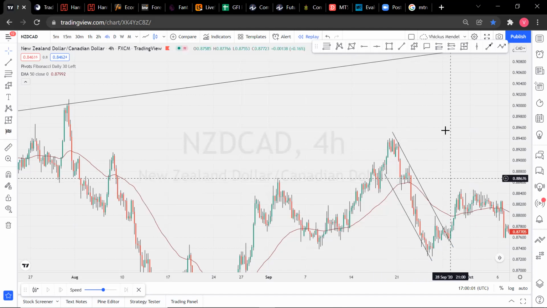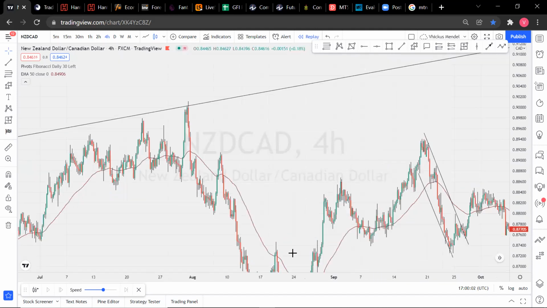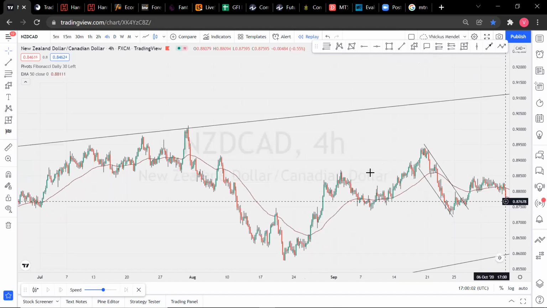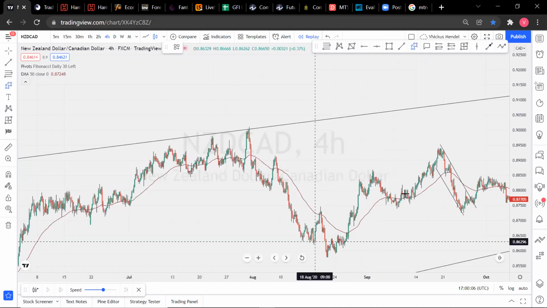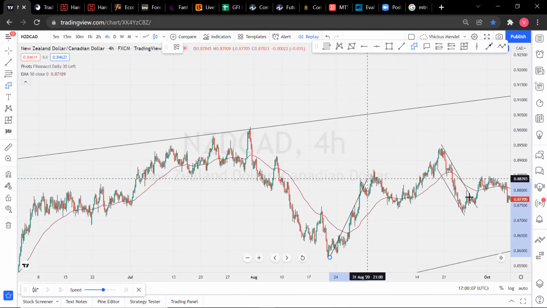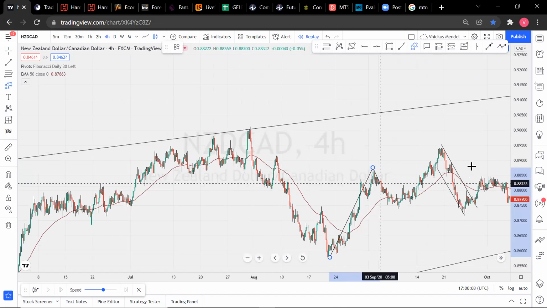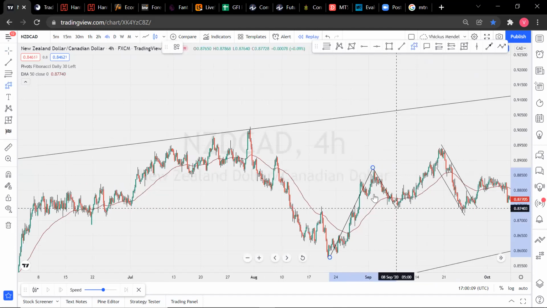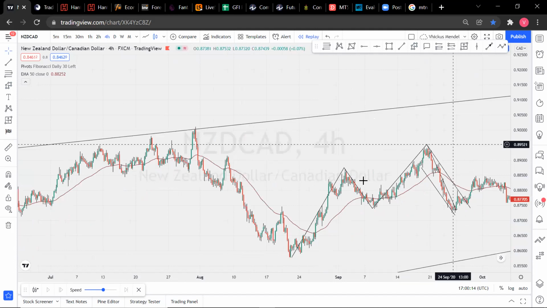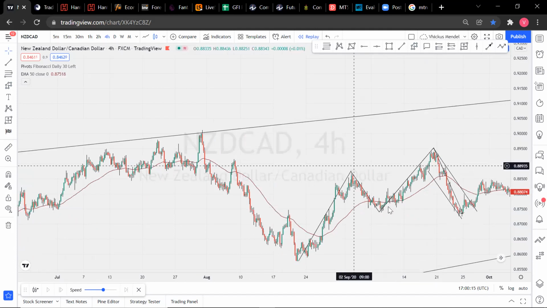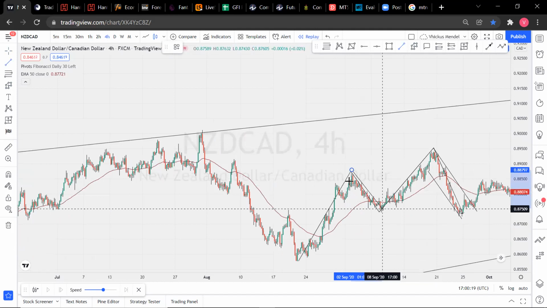So if you come to the lower time frame, you can decide to do your swing high, swing low, swing high, swing low. So this swing low is giving you the correction that you need for you to join the buys.